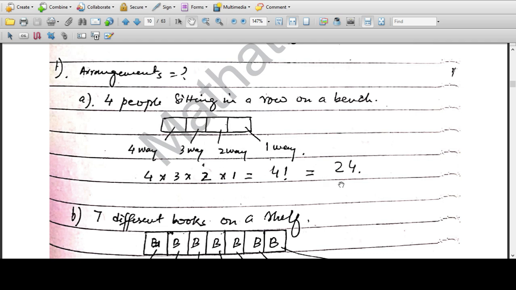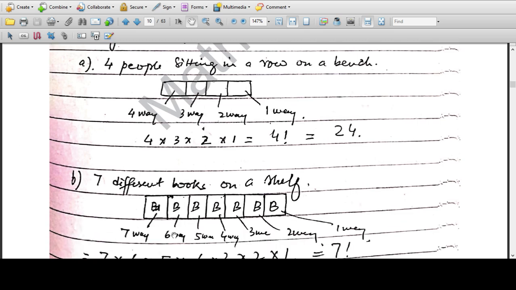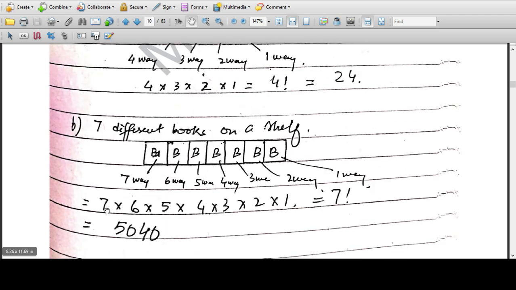So this is 4 factorial. For 7 different books on a shelf, the first has 7 ways, second has 6 ways, and similarly. So there are 7 factorial.